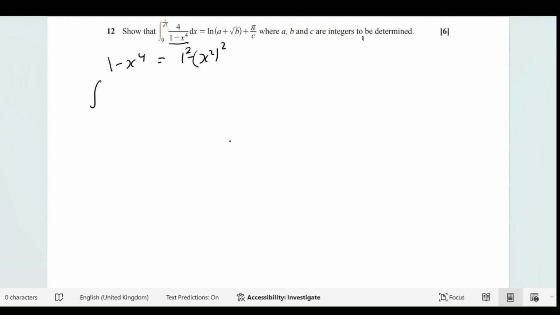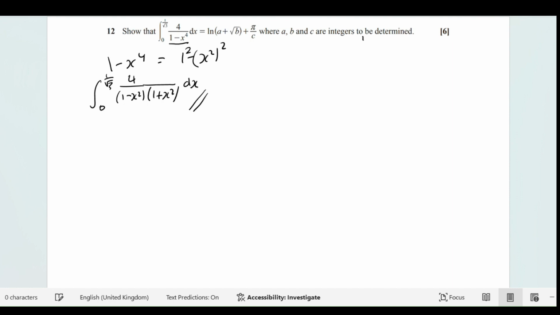What we can do is say the integral between 1 over root 3 and 0 of 4 over 1 minus x squared, 1 plus x squared, dx, and that's the integral we're now going to be solving.